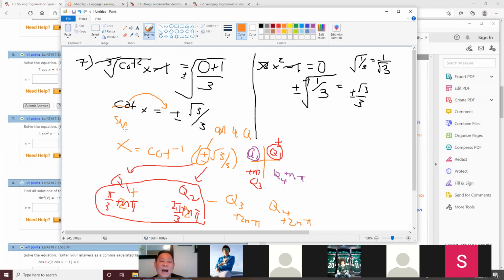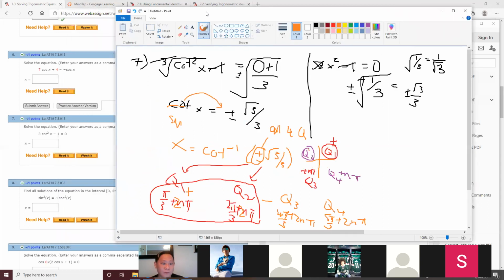So if it's sine, cosine, secant, or cosecant, not tangent or cotangent, then you will have all 4 answers, like 4 pi over 3 and 5 pi over 3, let's say. Because 2 of them will be positive, the other 2 will be negative. You guys good?